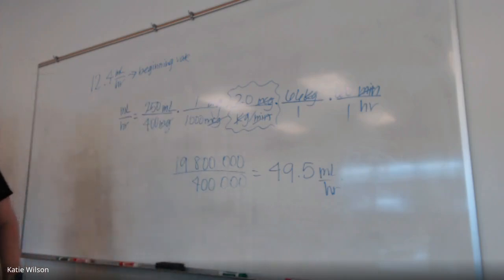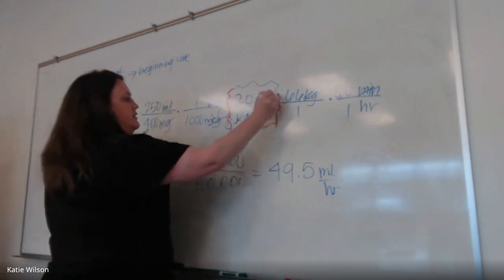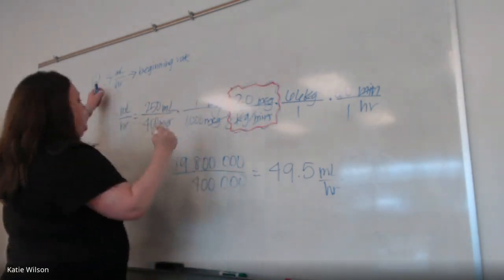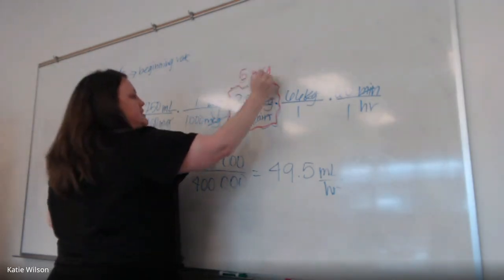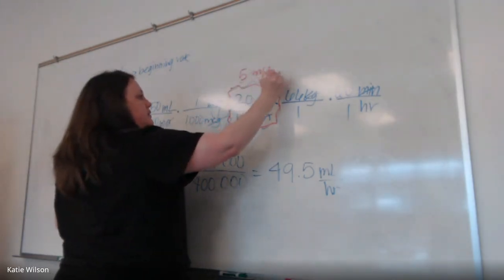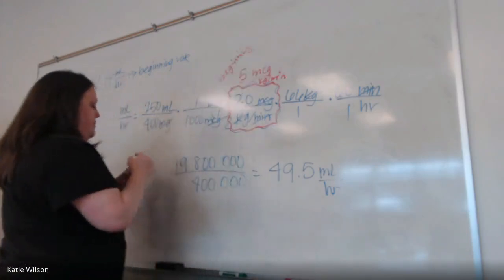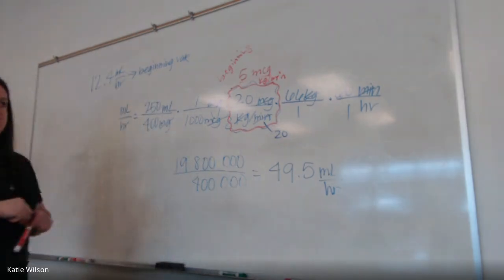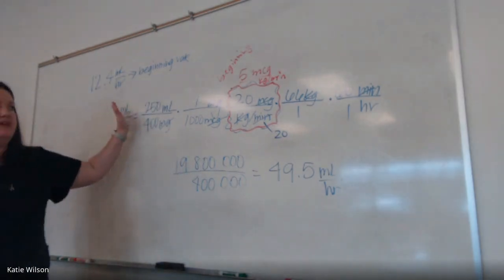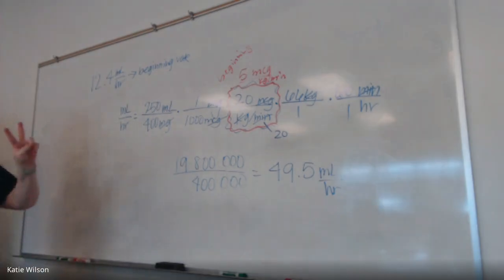Yes, this changes. So with the beginning flow rate, it was 5 mics over kigs per minute, and then the max was 20. But it's the same patient and the same medicine, so all the other information is going to be the same. It's still 2 separate problems.